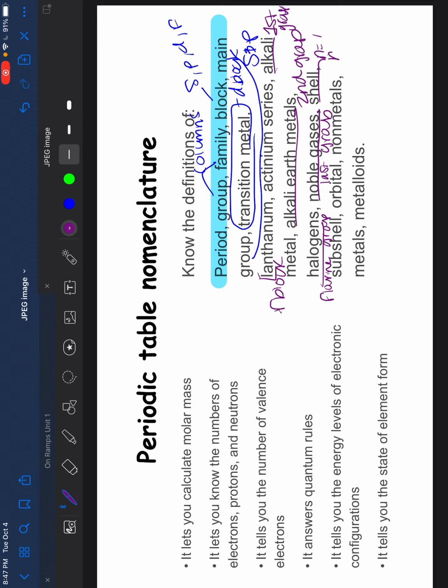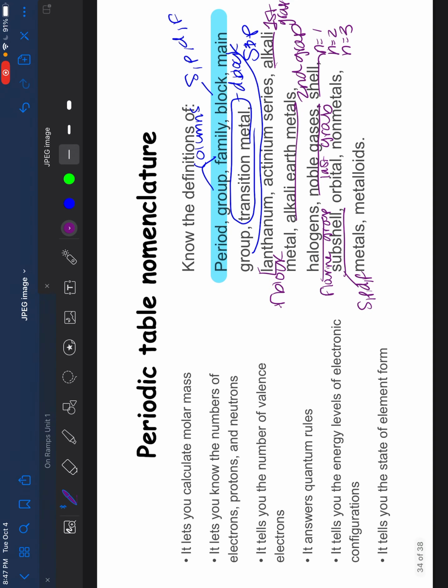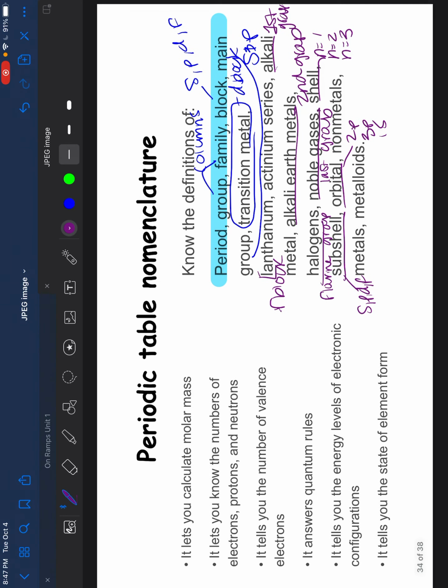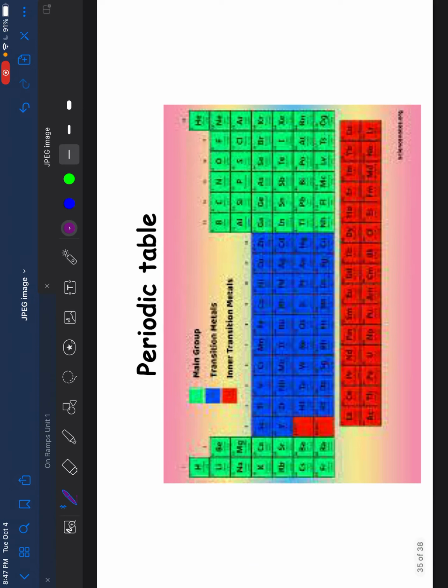Shell is n equals 1, n equals 2, n equals 3. Subshell, again, S, P, D, F. And you should know orbitals are 2p, 3p, 1s, and nonmetals, metals, and metalloids. Okay, moving on.